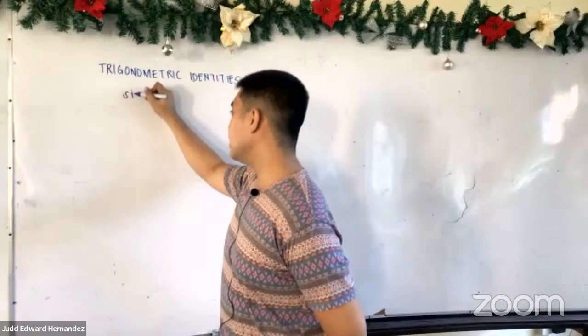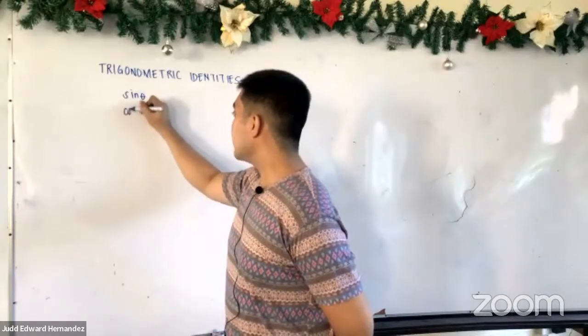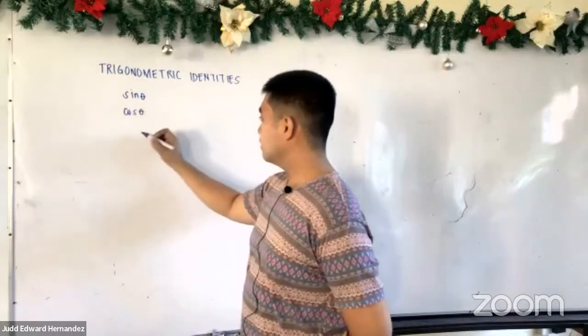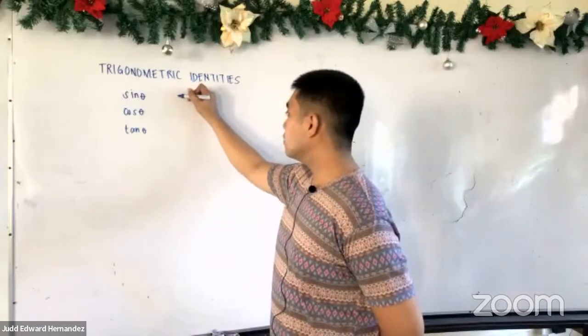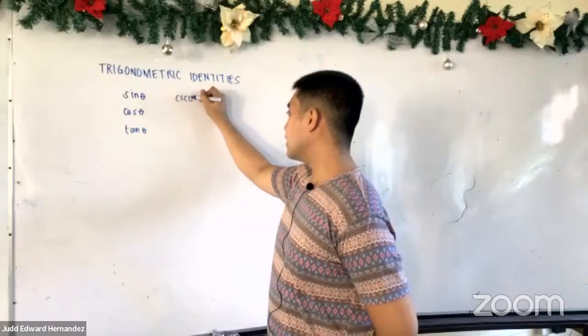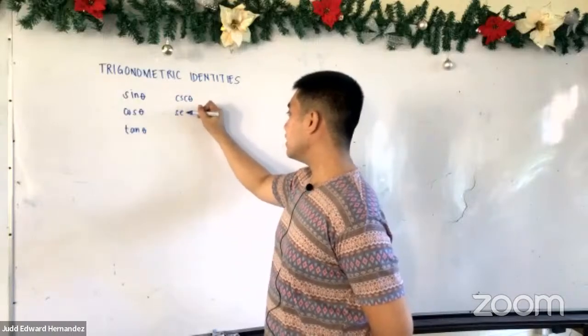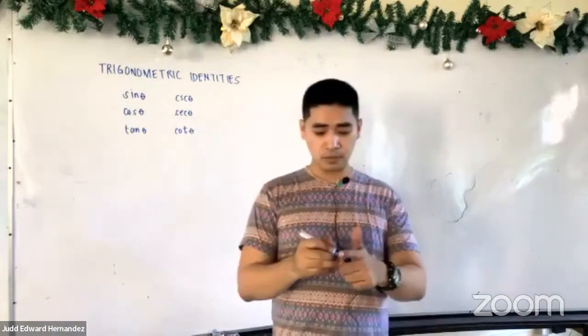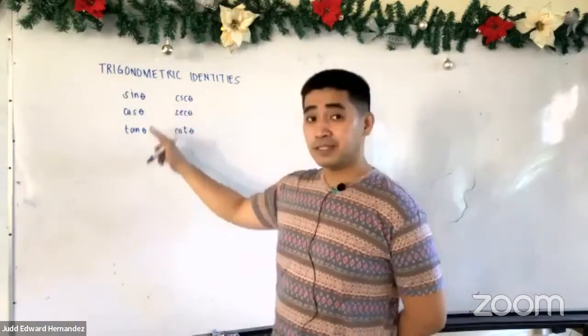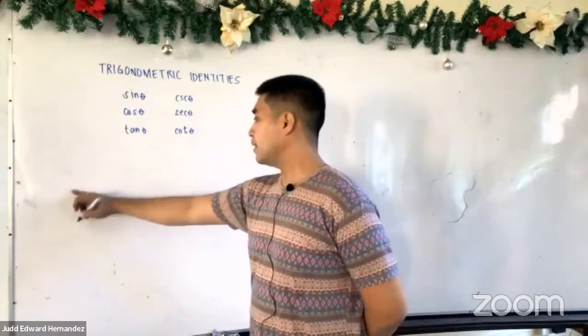So we have sine theta, cosine theta. We also have tangent theta. We have cosecant theta. We have secant theta. And we also have cotangent theta. Okay. These are the basic trigonometric identity.